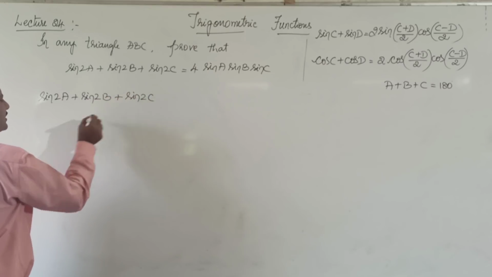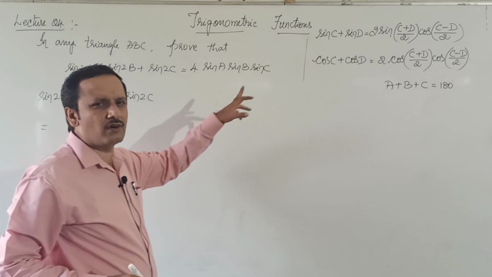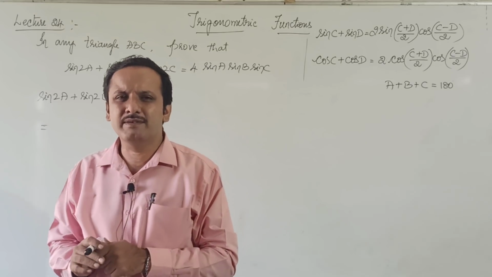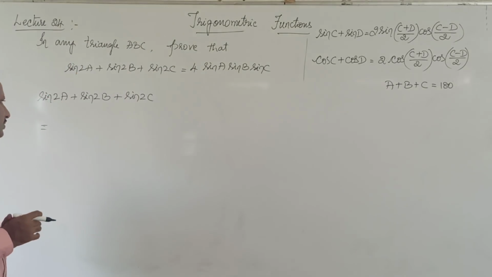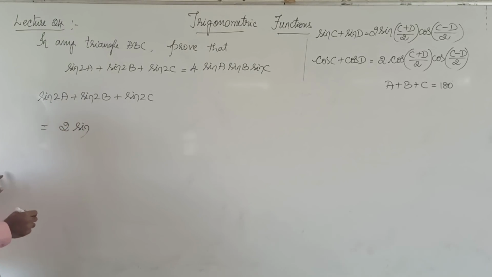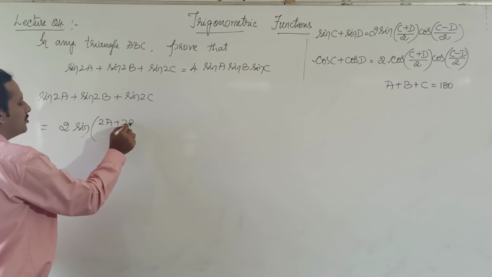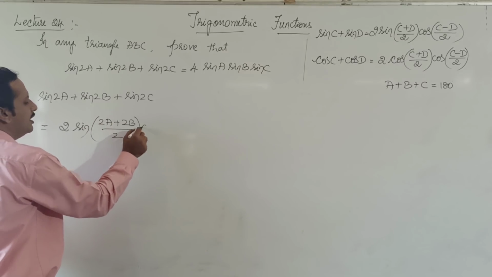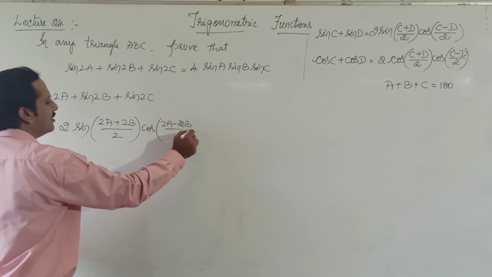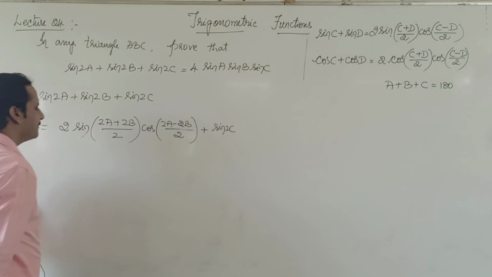First thing, here I will use the sin C plus sin D formula. Sin C plus sin D is equal to 2 sin (C plus D by 2) cos (C minus D by 2). That formula I will use. 2 sin (C plus D by 2), C plus D by 2 means (2A plus 2B) by 2, into cos (C minus D by 2), (2A minus 2B) by 2, plus sin 2C.